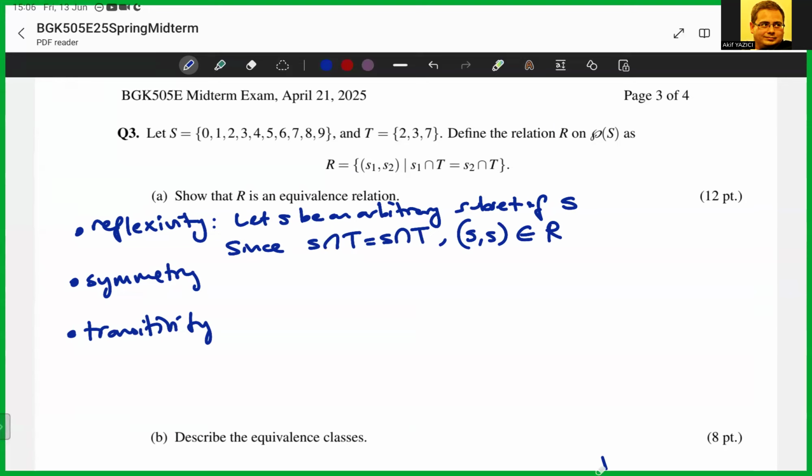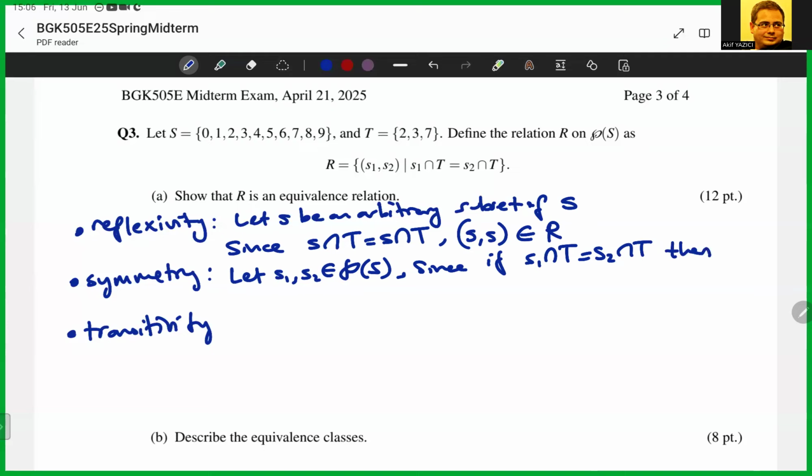Next, we have symmetry. So how do we show symmetry? If I have (S1, S2) in the relation R, I also want the ordered pair (S2, S1) also in R. So let S1, S2 be in the power set of S. And then, if S1 intersection T is equal to S2 intersection T, then I can obviously swap this.